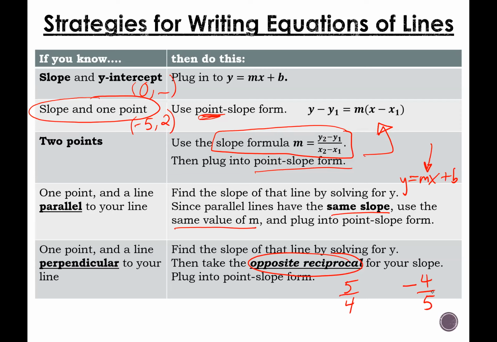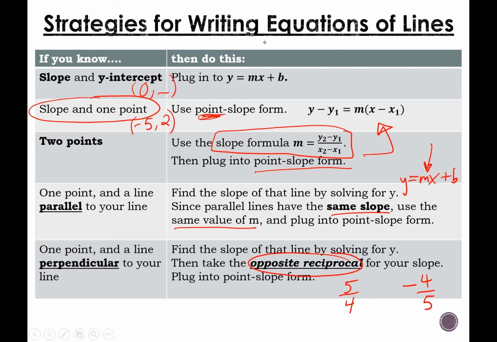So if one line has a slope of 5 over 4, a perpendicular line would have a slope of -4 over 5. And then once again, you'd plug back into point slope form. So we're going to use that formula quite a bit.